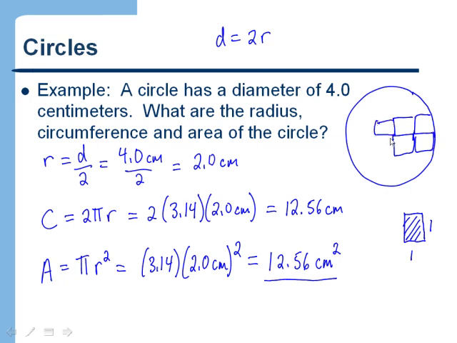And if you just look at it very roughly, and my drawing is very rough, you can picture 1, 2, 3, 4, 5, 6, 7, 8, 9, 10, 11, 12, plus a little bit left over, and we can see at least roughly this looks right, that the answer is a little bit more than 12 centimeters squared.